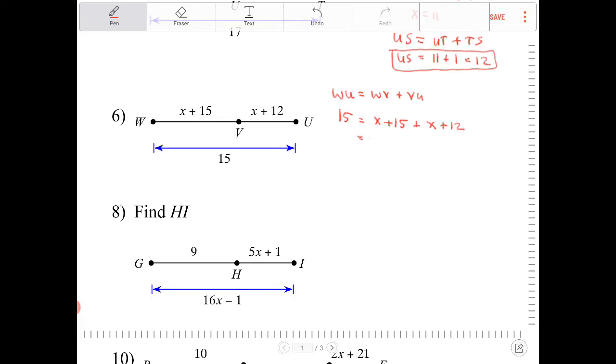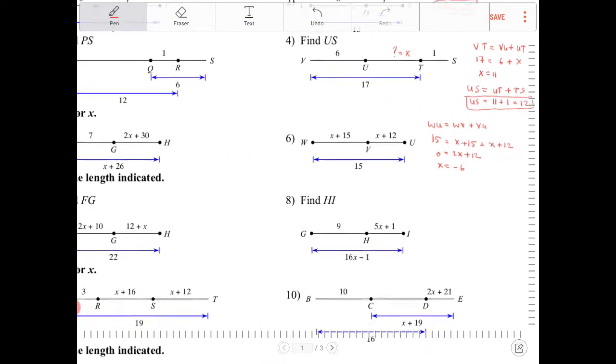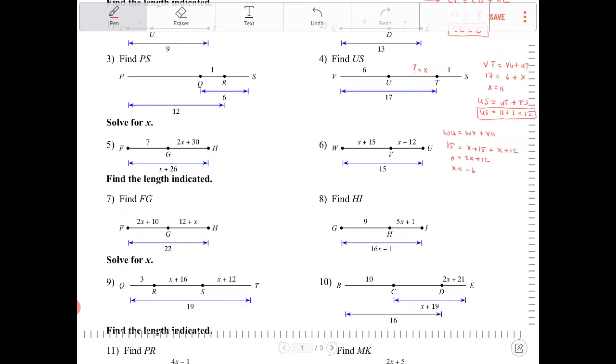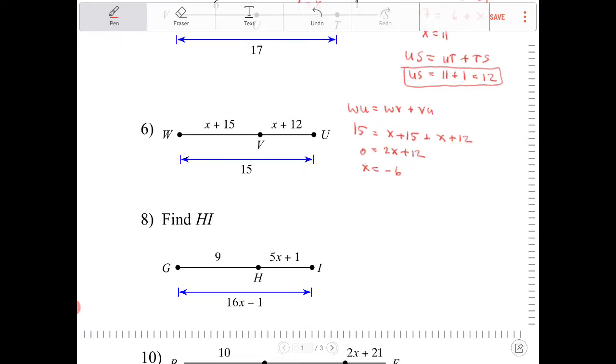I can combine all the like terms and isolate X. I notice that there's 15 on both sides, so I end up with 0 is equal to 2X plus 12, because I get to subtract 15 from both sides. Subtract 12, divide by 2, and I end up with X is equal to negative 6. Question number 6 is asking us to solve for X, so therefore X is equal to negative 6.